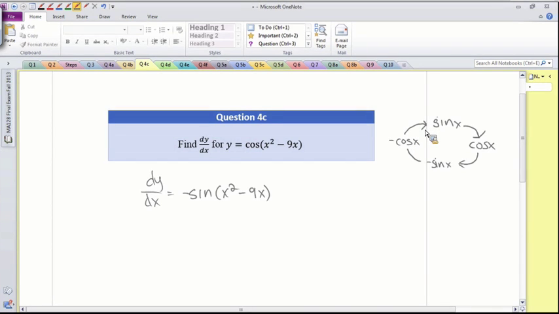So it goes full circle; to find derivatives, you just go clockwise. So the derivative of cosine x is negative sine of whatever's on the inside, multiplied by the derivative of the inside function, which is 2x minus 9.